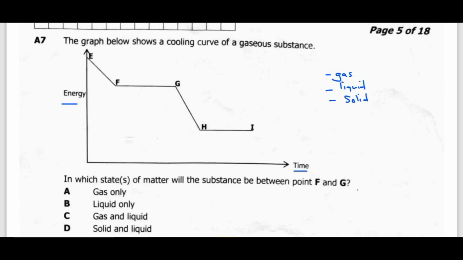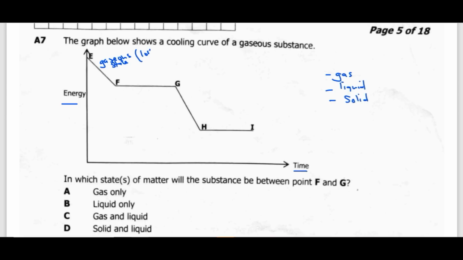Because we have energy, from E to F, this state is gaseous. So that is gas there. When you look, there is loss of energy.